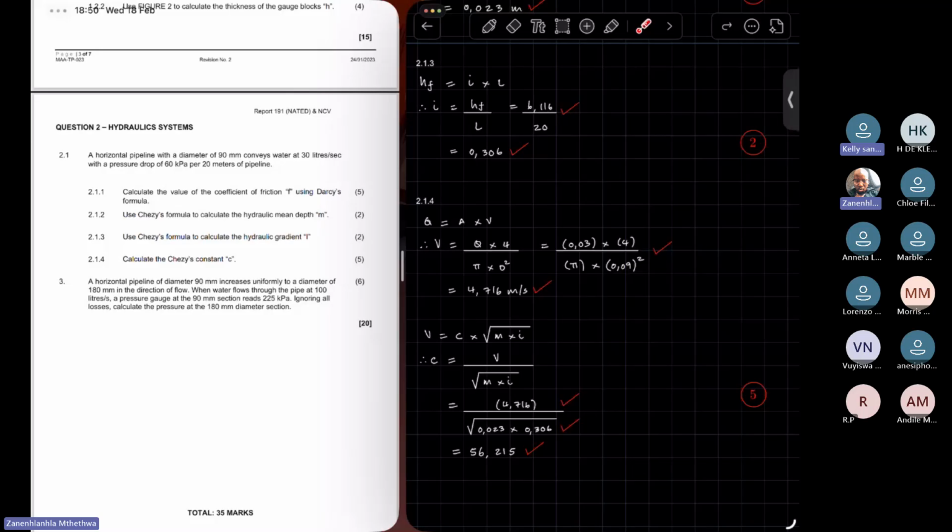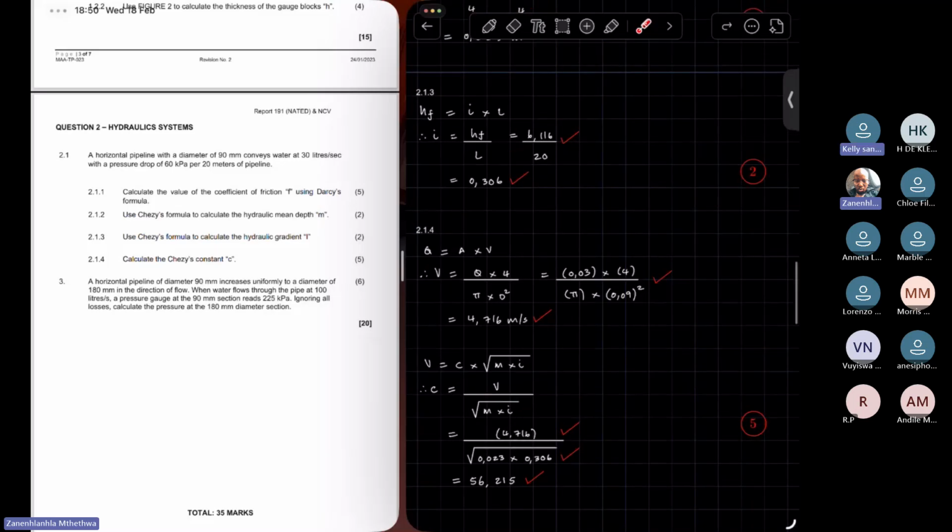In which formula? 2.11 is my formula. Yes, I'm reading it. My formula for 2.11 is F equals HF times 2G times D over the length times V squared.